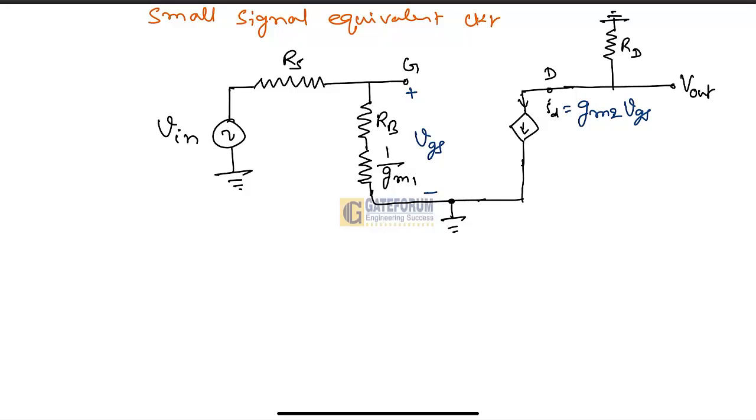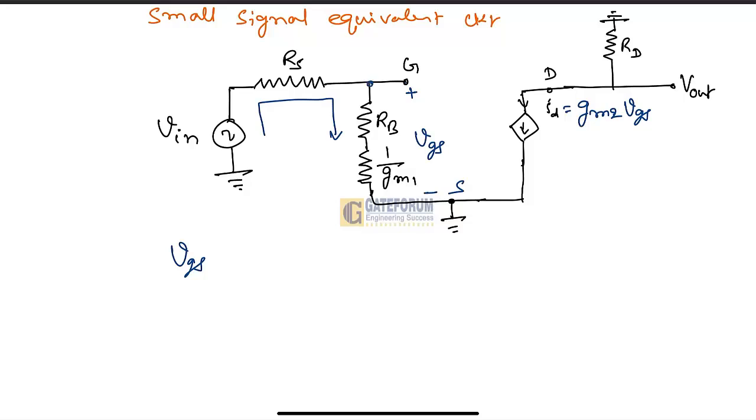First, by applying KVL at the input side, we can easily calculate VGS, or we can even apply the voltage division rule. VGS is the gate voltage of the M2 transistor with respect to the ground, which is the source. Due to Vin, the same current flows through Vin, RS, RB and 1/gm1, which are all in series.